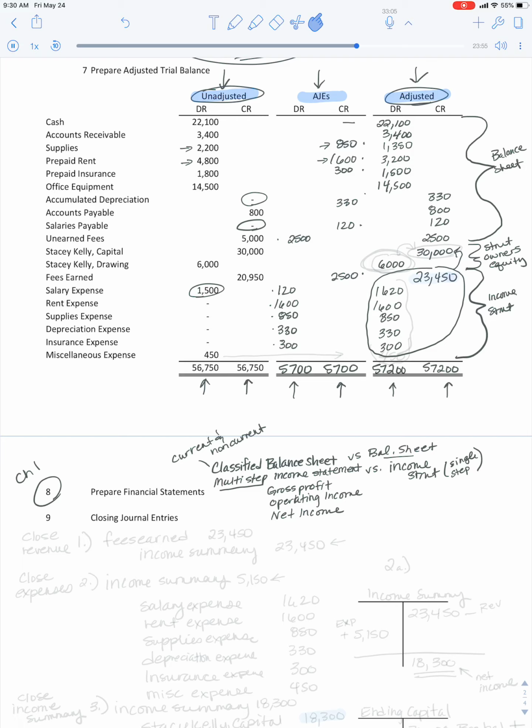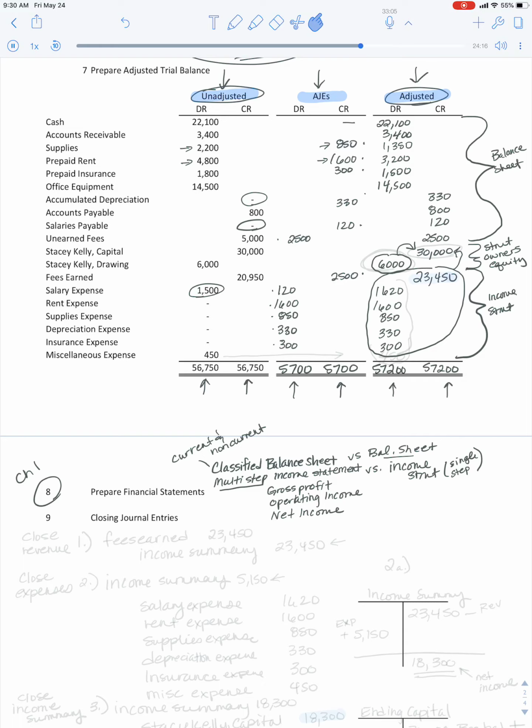So once we have this month's activity, we need to close all the revenue and all the expenses, and this drawing here will start over. We'll put in capital too, and we will close those accounts at the end of the month and start over from 0 at the beginning of next month.